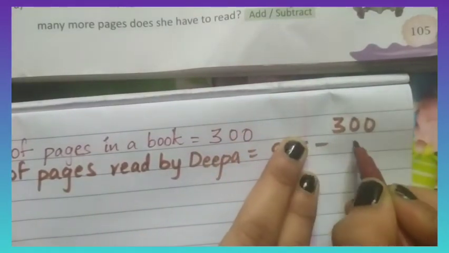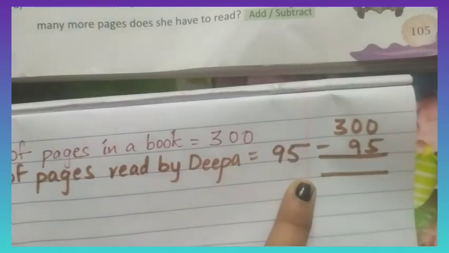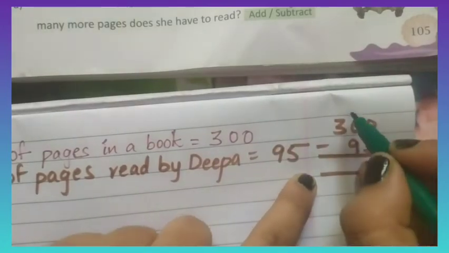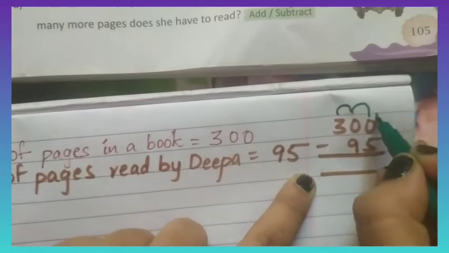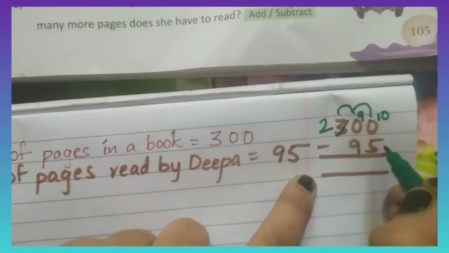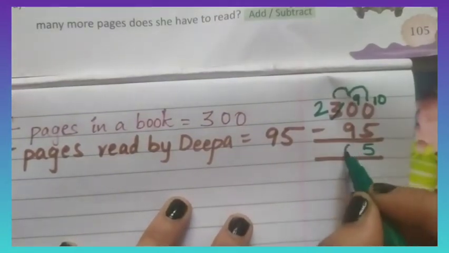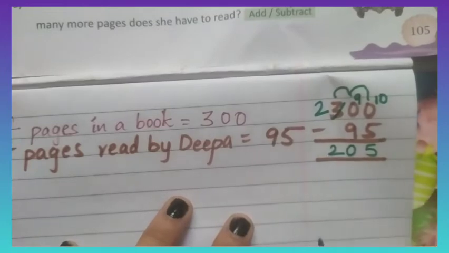300 minus 95. From 0 can we cut 5? No. Borrow. It will be 10 here, 9. This is 2. 10 minus 5? 5. 9 minus 9? 0. 2 will be here.